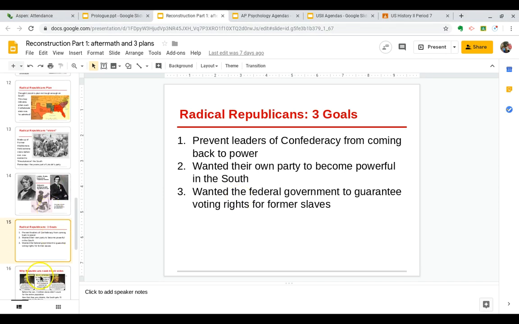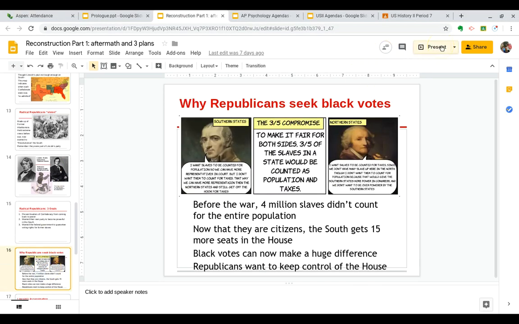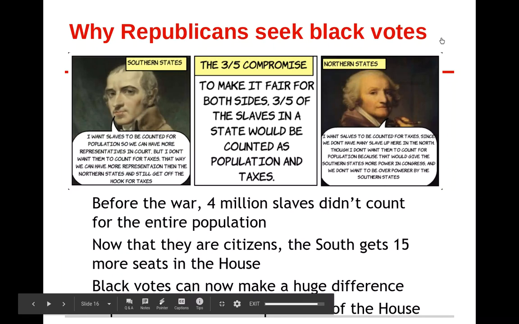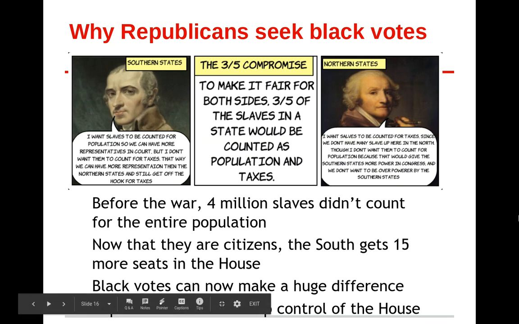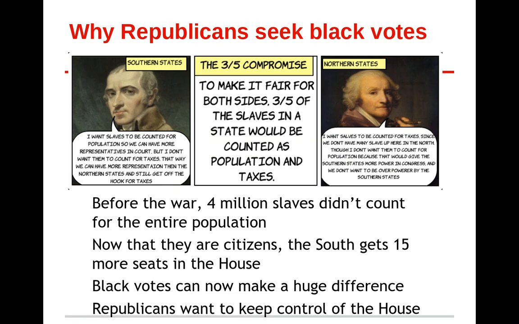All right, guys, so for slide 16, I want you to just put down the heading for 16, guys, why Republicans seek or need the black vote. And it's because now, guys, black votes can make a huge difference. Right? So before the war, the 4 million slaves did not count for the entire population, and that's because of the 3/5 compromise. That was back in your early US 1 days when we learned about our Constitution.